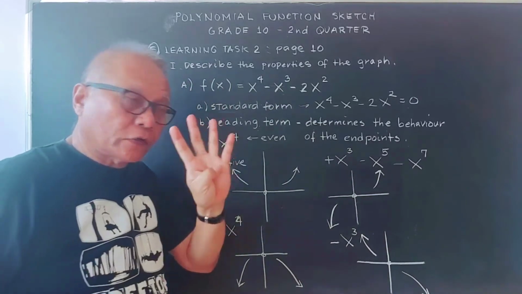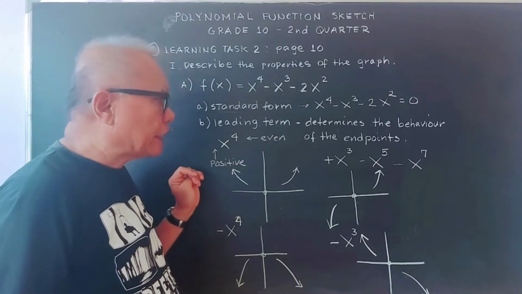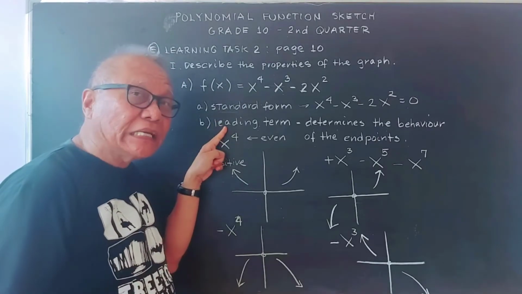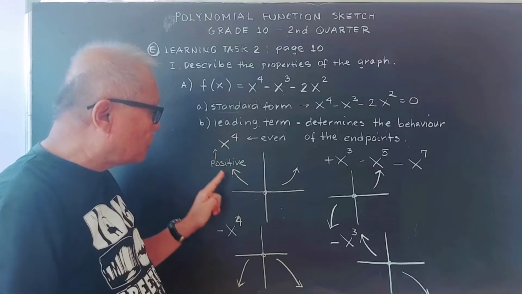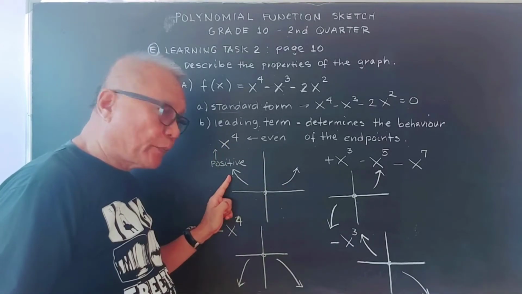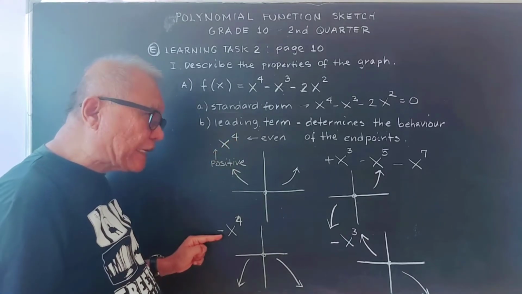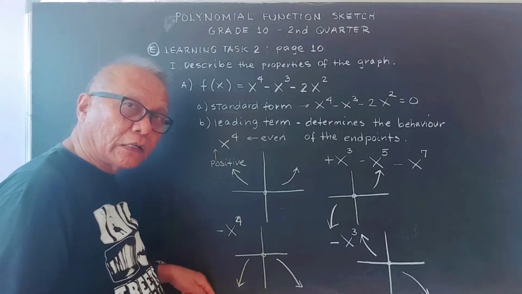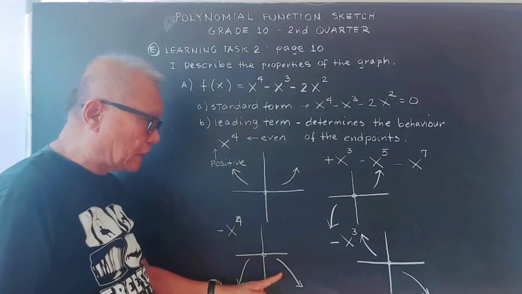So there are four cases to determine the behavior of the end points of our curve. It's from the leading term. If you have an even exponent and it is positive, both ends will rise up. If it is even but the sign is negative, both ends will fall, going down in the third and the fourth quadrant.